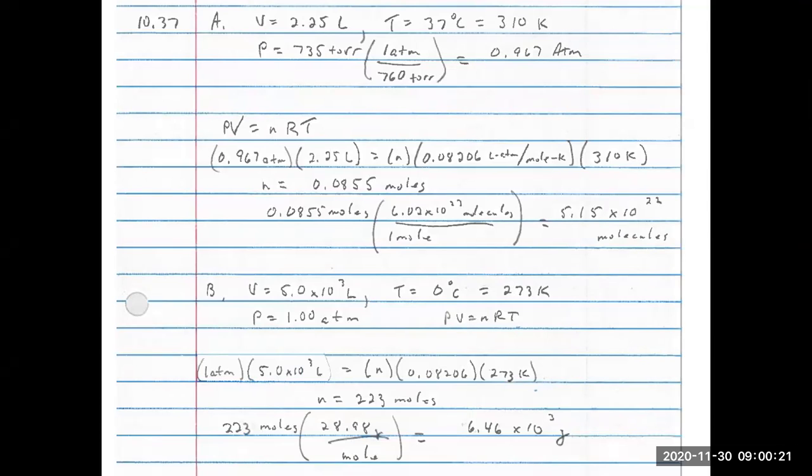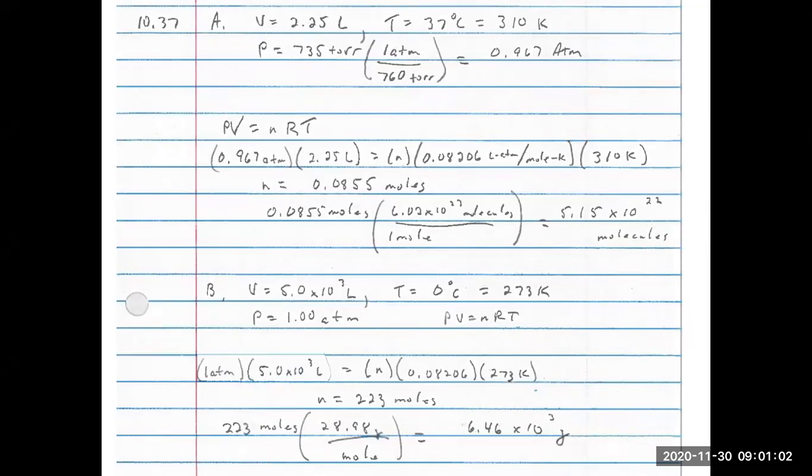So we look at our ideal gas law equation, PV equals nRT. Our pressure we've got in atmospheres, that's the 0.967 value. Our volume started in liters, so we're good there. That's 2.25. That equals nRT, and we're trying to find the number of molecules. But remember we said a few slides ago that we can change moles into molecules by using Avogadro's number.